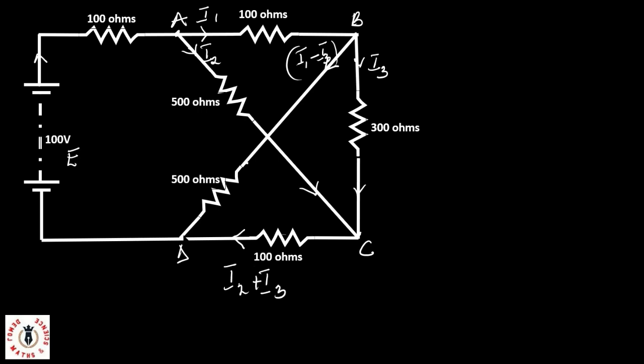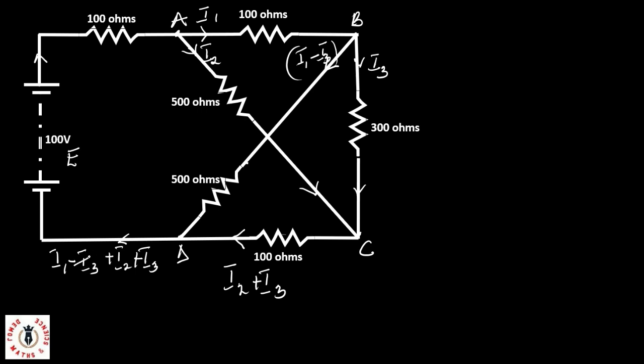Now at node D, we have I1 minus I3 flowing into this node D, and also we have I2 plus I3 flowing into node D. We have current leaving this node. So the current leaving this node should be I1 minus I3 plus I2 plus I3.